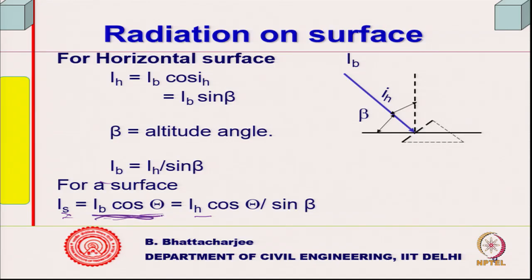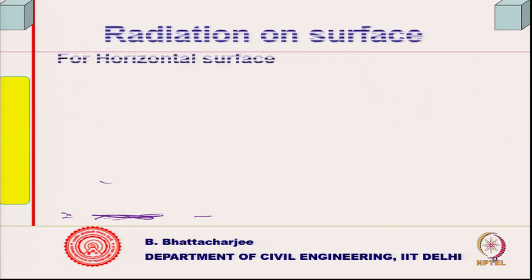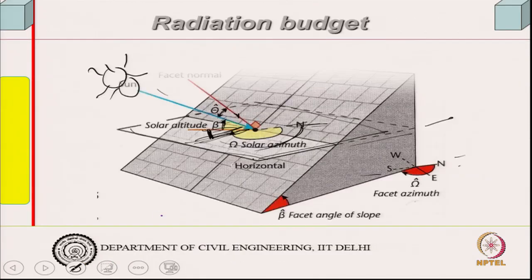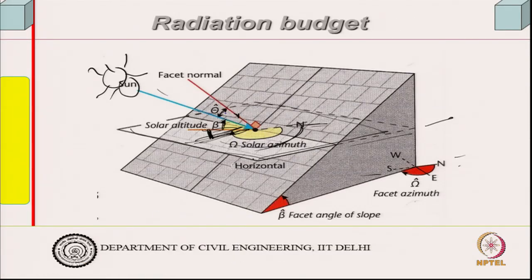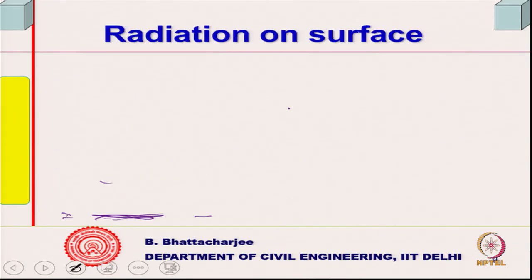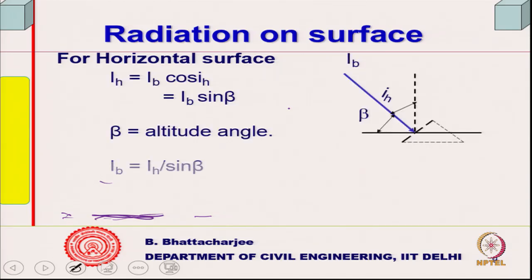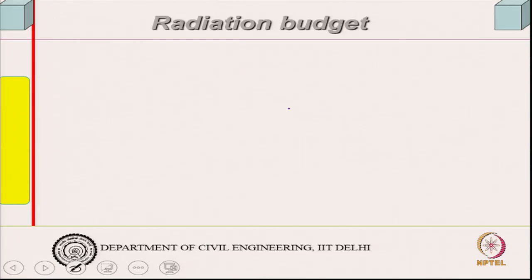If this was an inclined surface, as we have seen earlier, whatever is the normal radiation coming, multiplied by cos, is the amount of radiation that will fall onto that inclined surface, right. So, that is it as far as radiation on surfaces is concerned.